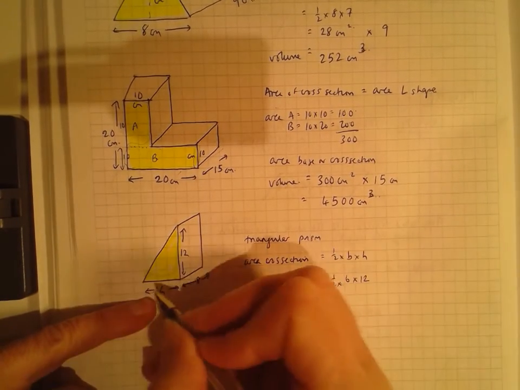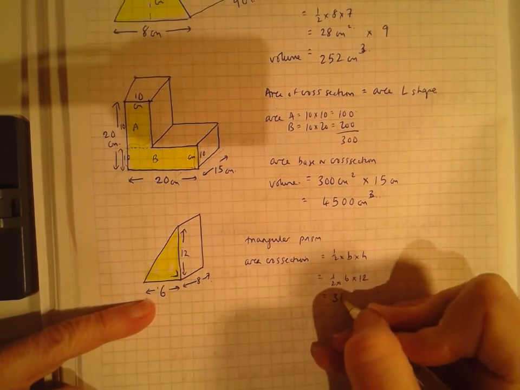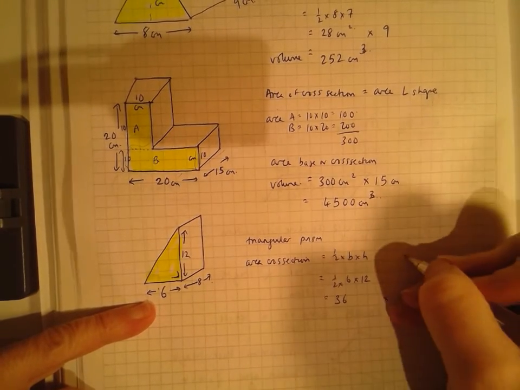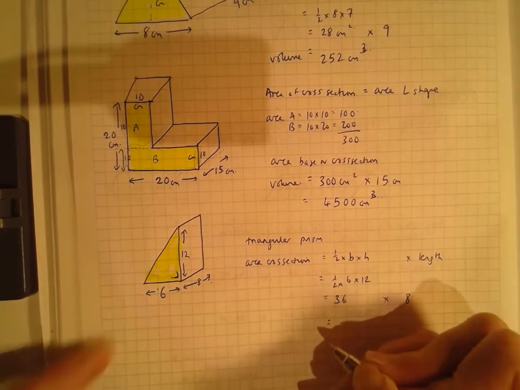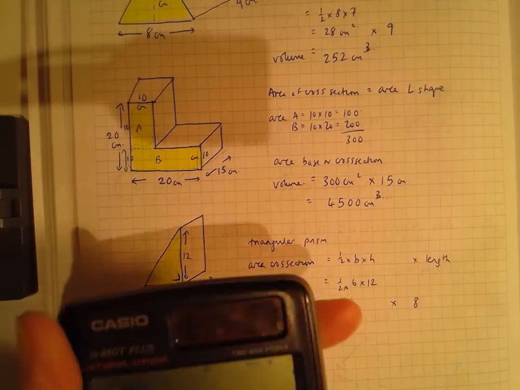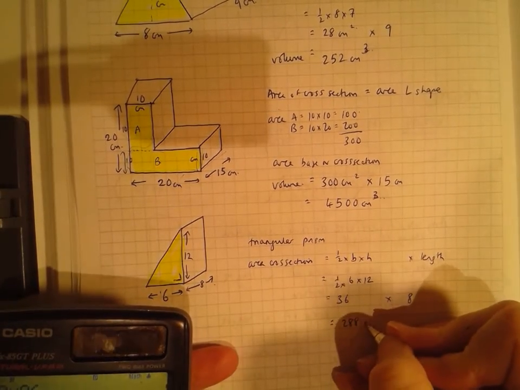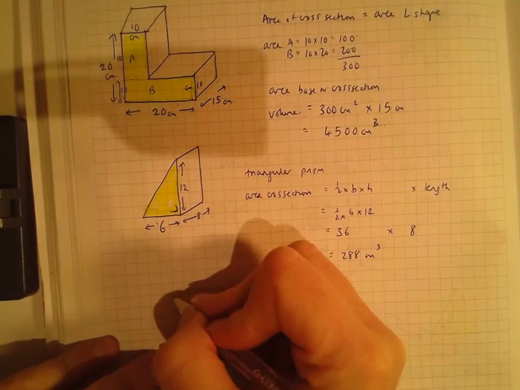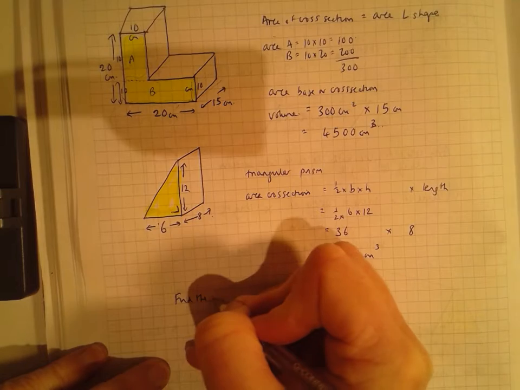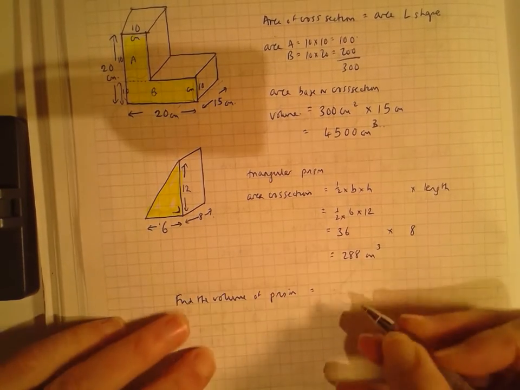That's a right angle there, I'm presuming. Half by 6 by 12, which is 36, and then multiplied by the length, multiplied by 8, and 8 by 36 is 288 centimeters cubed.